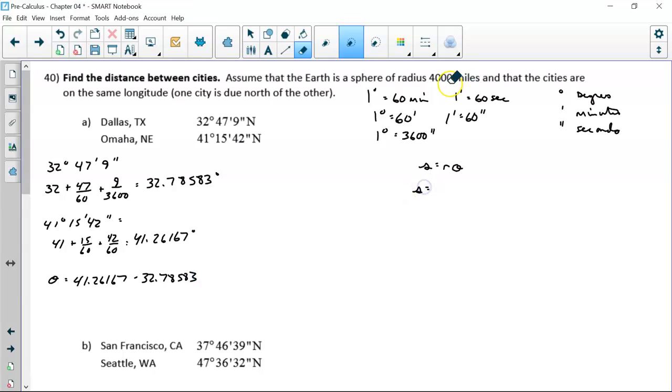The radius is 4,000, so 4,000 times, and the difference is about 8.47584 degrees.